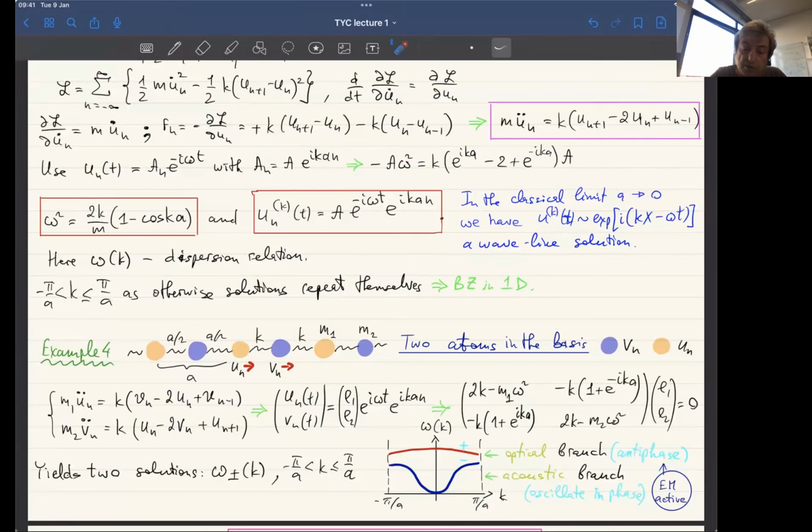This is called the optical mode, because if these atoms were oppositely charged, they would create an oscillating dipole moment, which would interact strongly with electromagnetic waves. That's why it's called optical.